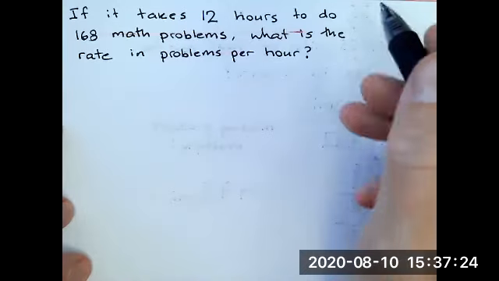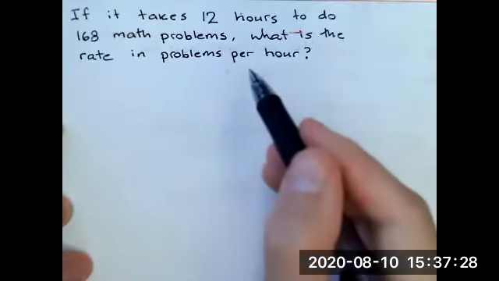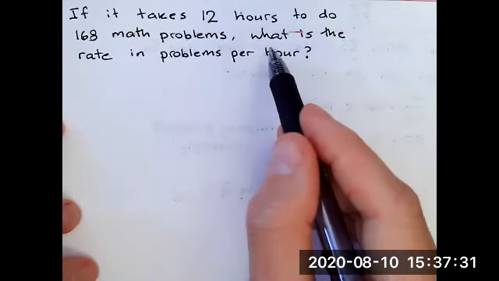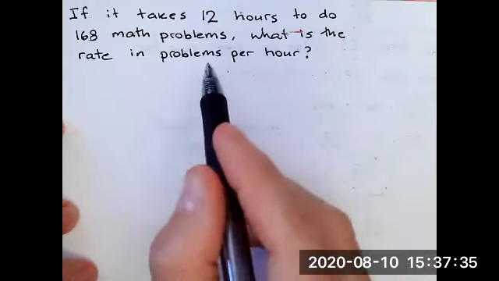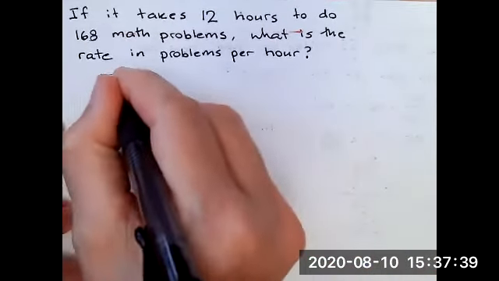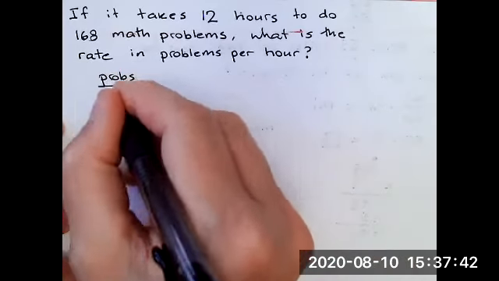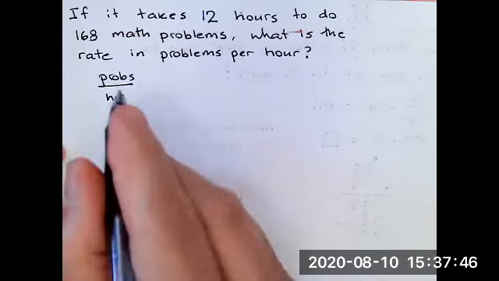Let's do another. If it takes 12 hours to do 168 math problems, what is the rate in problems per hour? So the rate is problems per hour. Let's write the rate equation.